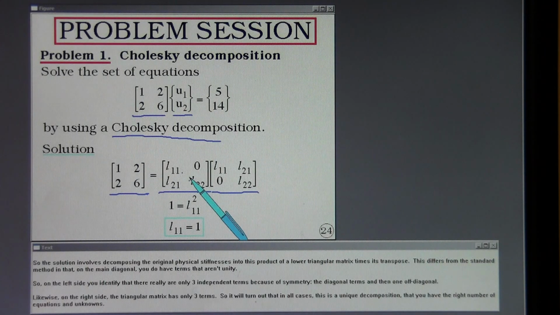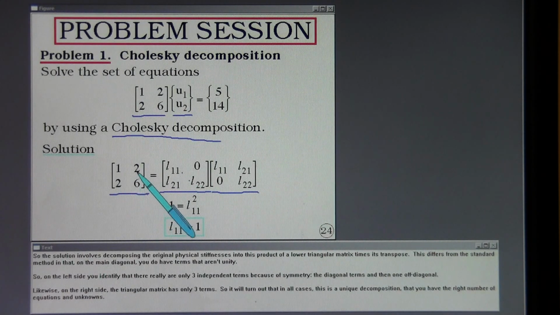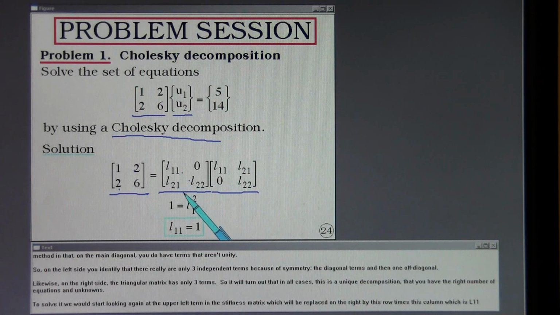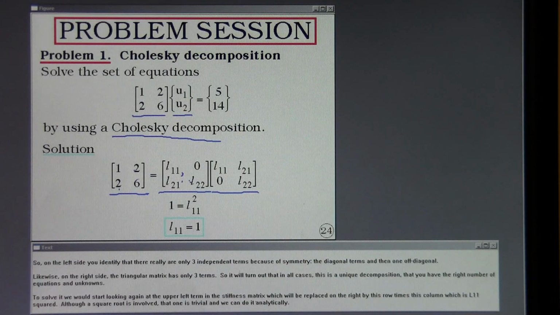So on the left side you identify that there really are only three independent terms because of symmetry, the diagonal terms and then one off diagonal. Likewise, on the right side, the triangular matrix has only three terms. So it will turn out that in all cases this is a unique decomposition, that you have the right number of equations and unknowns.